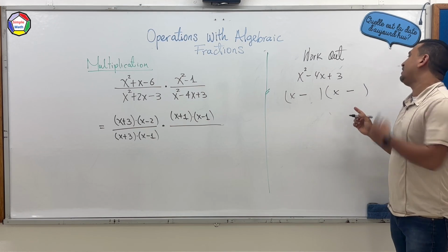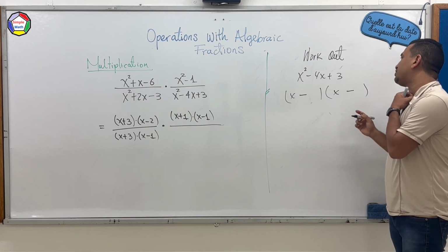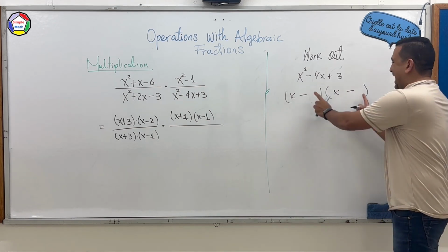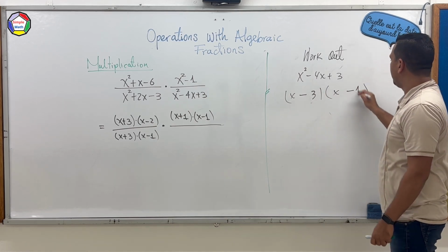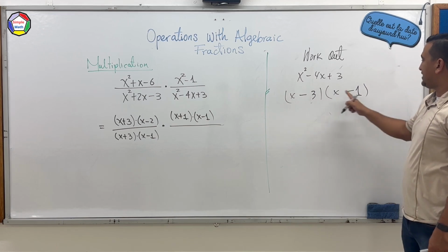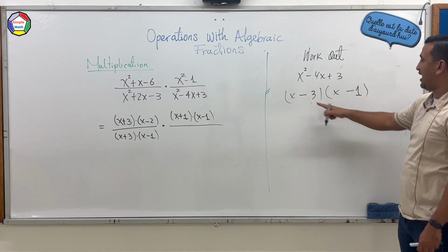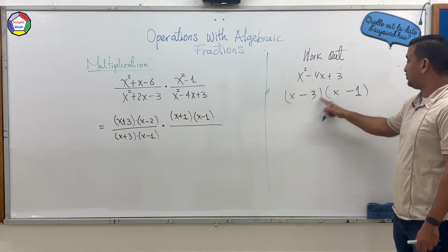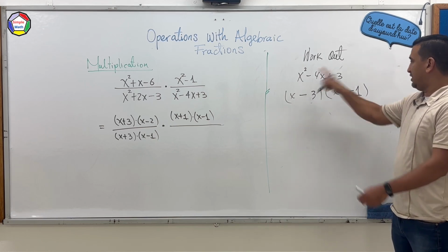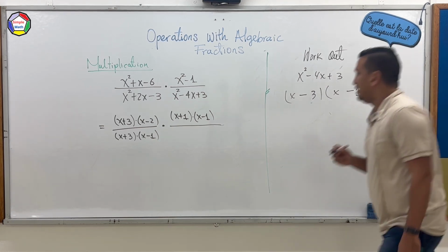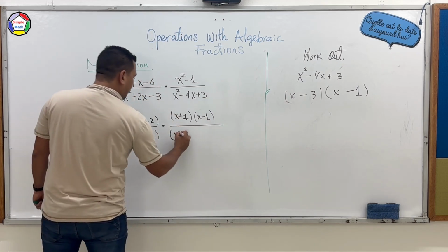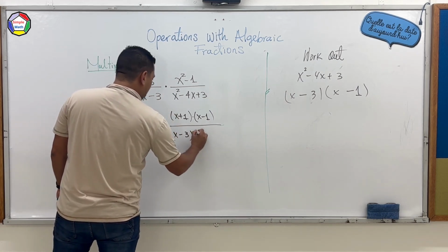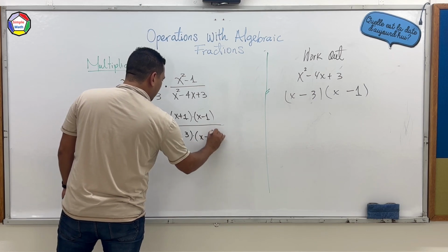Two numbers that multiply to 3 but add to negative 4. I think it's 3 and 1. Negative 3 times negative 1 is positive 3, and if I combine minus 3 and minus 1, the result is minus 4. So I write the answer here: (x - 3)(x - 1).